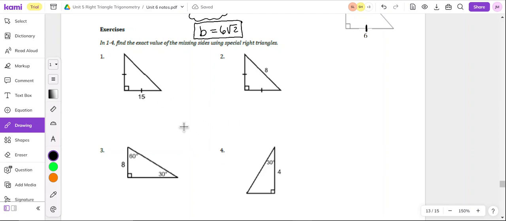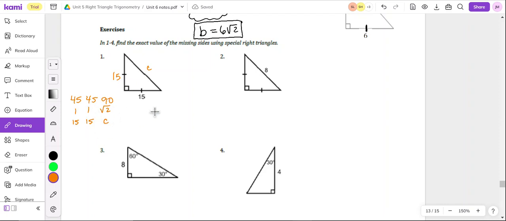So with this one, automatically, if this one is 15, this one is also 15, correct. And in your brains, you're going, well, 45, 45, 90 is 1, 1, radical 2, correct? Well, this one's 15, that one's 15, and C is what we don't know, correct? Call it C because it's the hypotenuse.